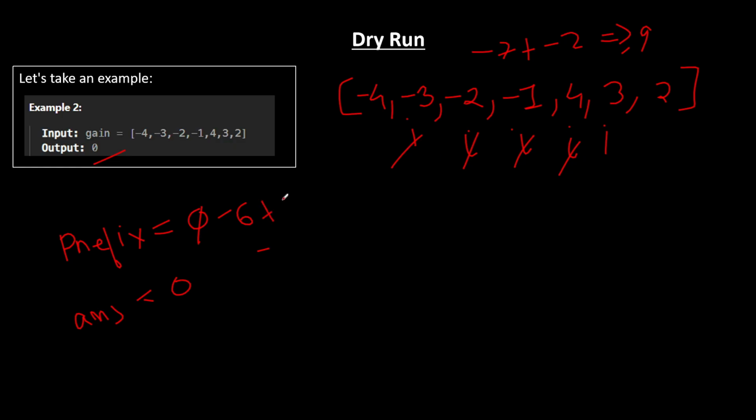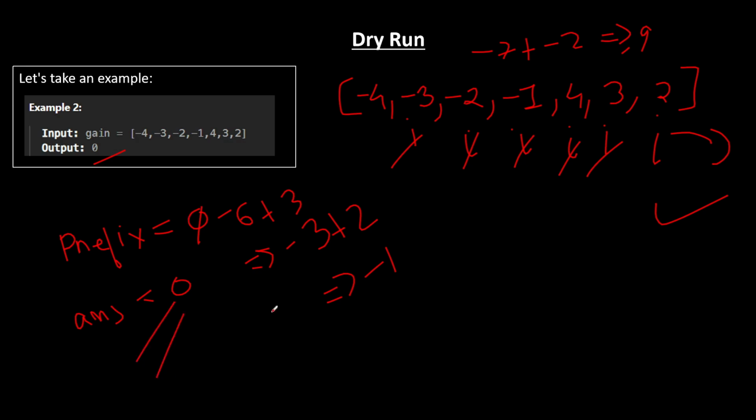We add 3 to this -6 and get -3, still smaller than answer, right? Then again we move to 2, the last index. We get -1, which is also less than 0, and the iteration is completed, right? So our answer comes out to be 0. This is the maximum altitude reached by the biker in the gain array. So I hope you understood the dry run.